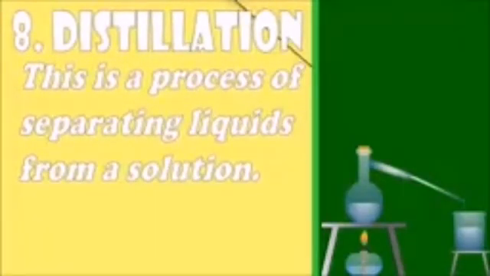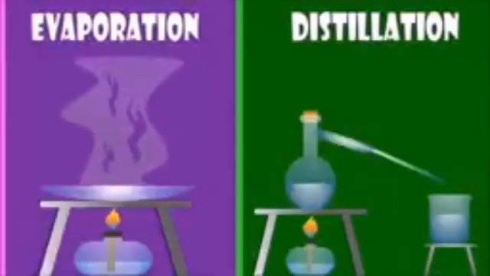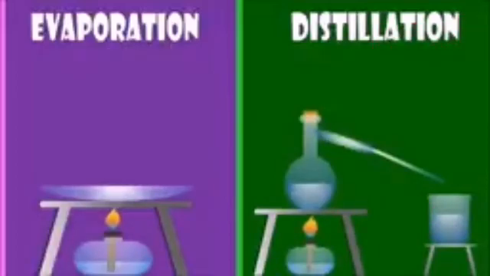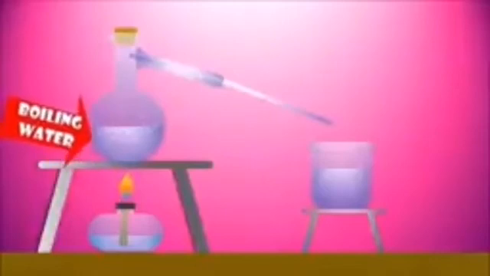Number 8. Distillation. This is a process of separating liquids from a solution. The process of distillation is similar to evaporation, but distillation intends to get the liquid, while evaporation is to get the soluble solids. This is based on the difference of the boiling points of the substances in the mixture.